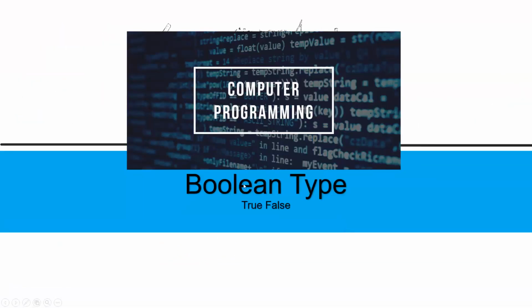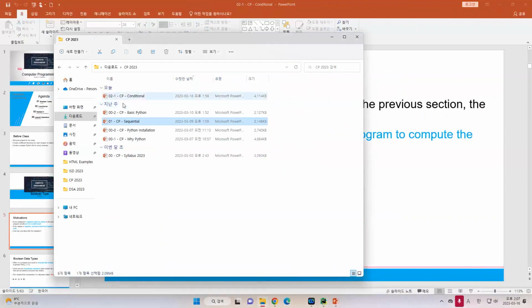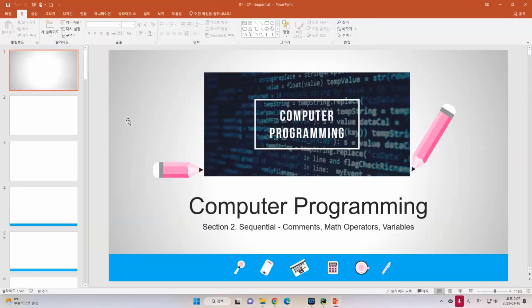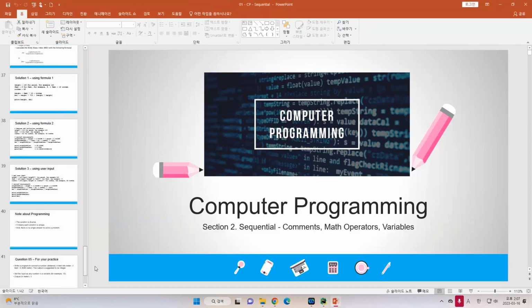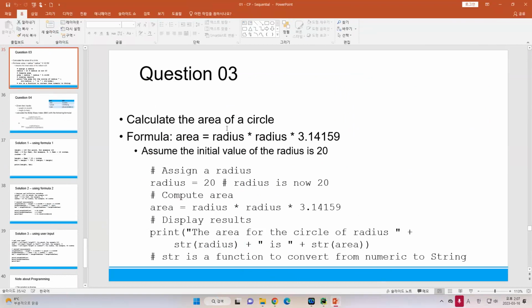Boolean type. What is the meaning by Boolean? If you assign a negative value for the radius, if you still remember, in the previous section we had one example. We wanted to calculate the area of the circle.